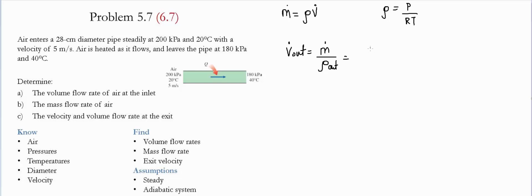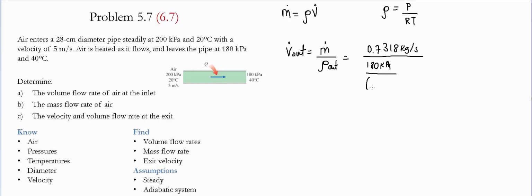So this is the mass flow rate, which we calculated to be 0.7318 kilograms per second. The density is equal to the pressure at the exit, 180 kilopascals, divided by RT.